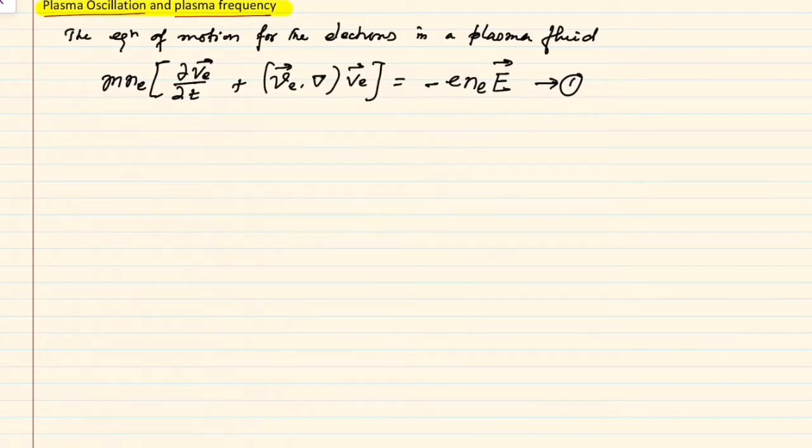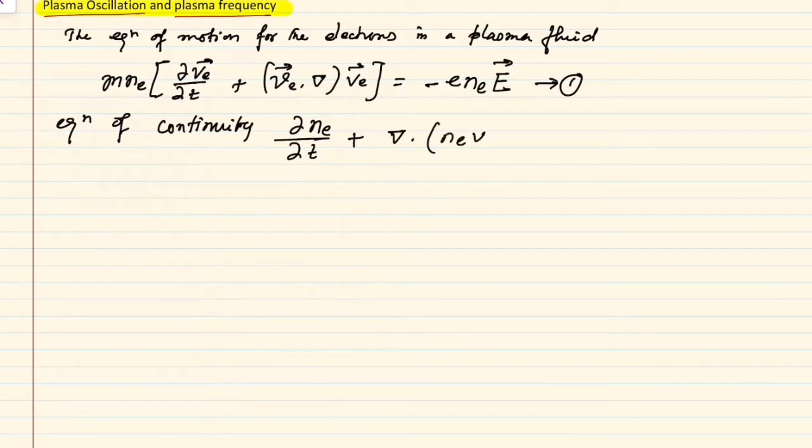So now the equation of continuity, that is del Ne by del t plus del dot (Ne VE) is equal to 0.